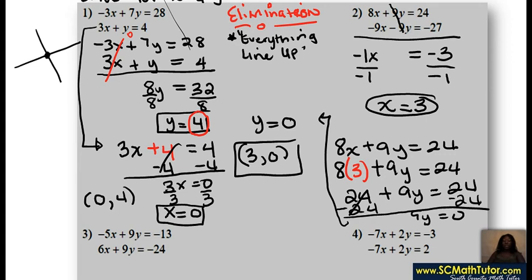And elimination is you want to cross out, you need equal and opposite values for one variable.